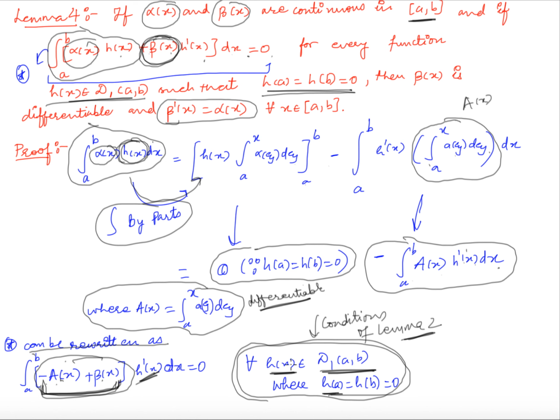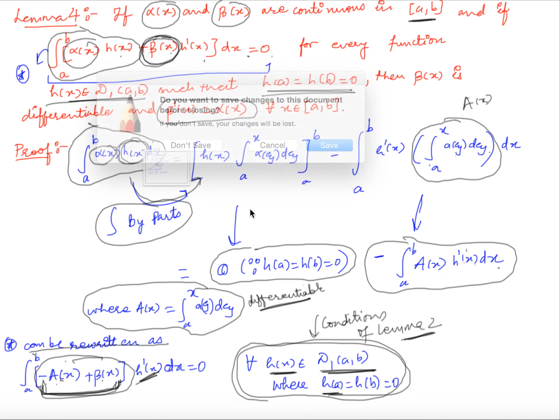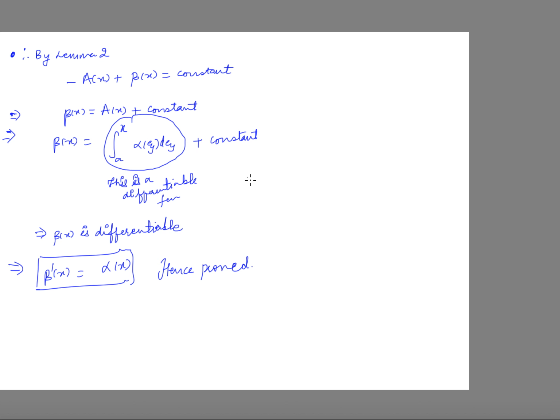So this is nothing but lemma 2. By lemma 2, you get that this integrand is equal to a constant. So it means that beta x is equal to A x plus a constant.